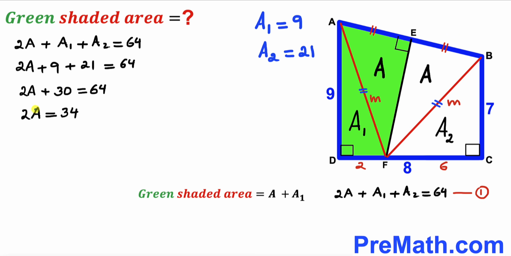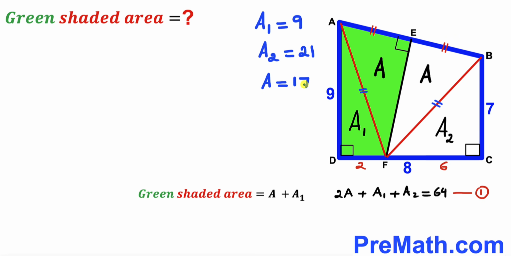So therefore if we simplify, our 2 times A value simply turns out to be 34. And now I'm going to divide both sides by 2 to isolate uppercase A. So therefore our uppercase A value simply turns out to be 17. So thus our uppercase A area turns out to be 17. And here's our final step.